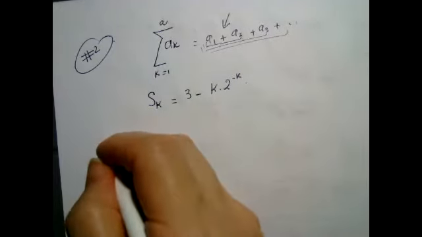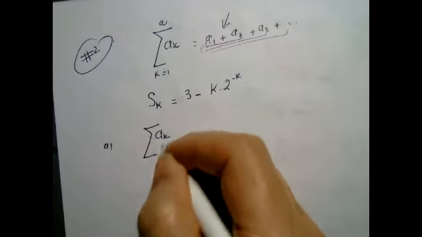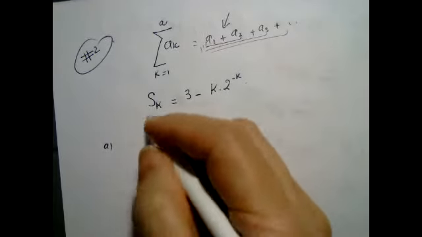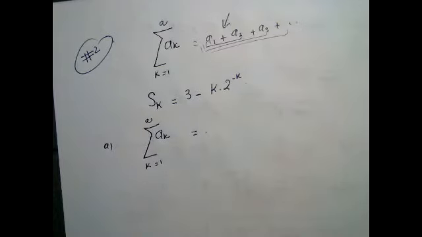And the first question is, what's the sum of all the a_k? All right, ideas. If they give me the partial sum, how can I find the whole sum of the series?